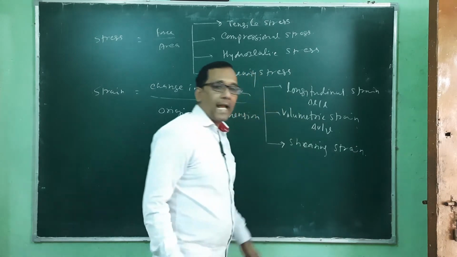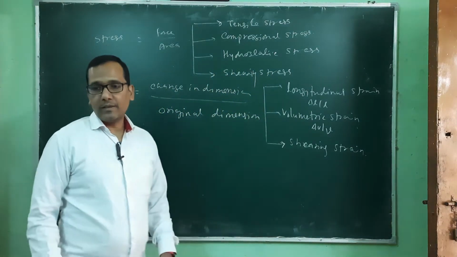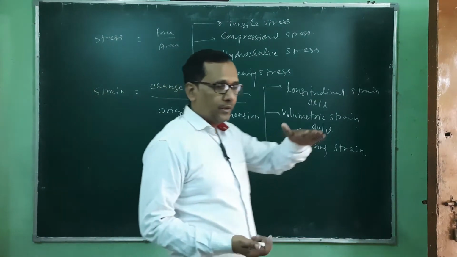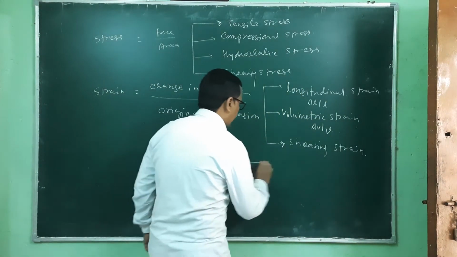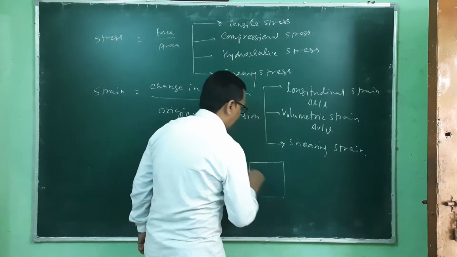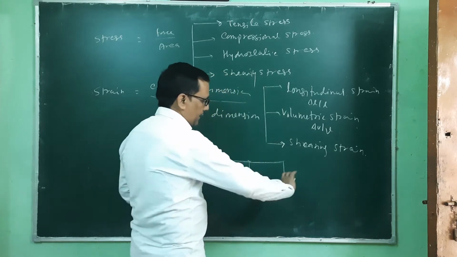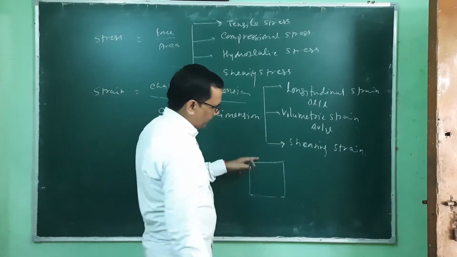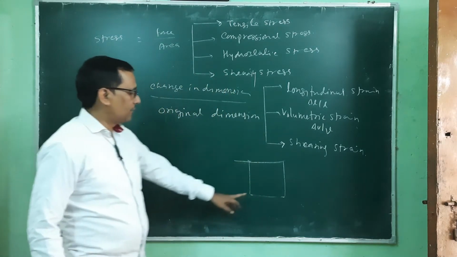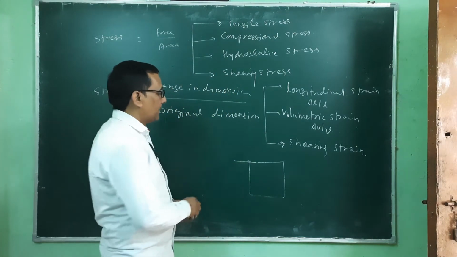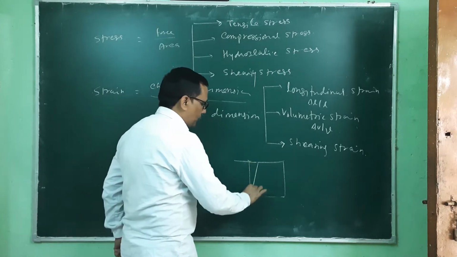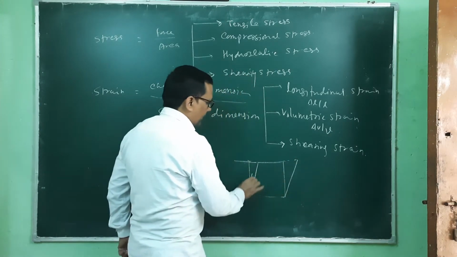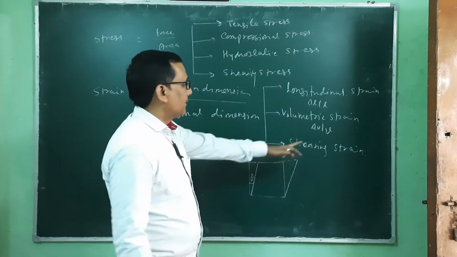And this is the angular change, because when we apply a tangential force to a system with two parallel sides, its shape is changed, and the displacement between these two parallel sides gives this theta, which is known as shearing strain.